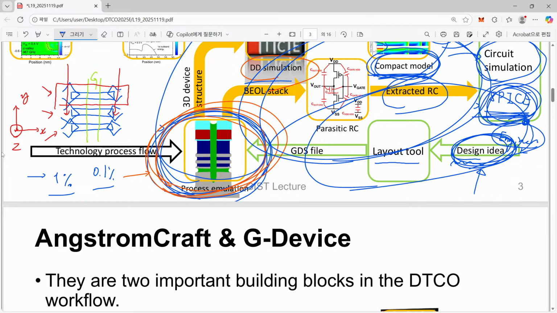In reality, we are in very severe competition with competing companies in technology development. So at every technology node, this 1% difference is a really huge impact, and we really stick to improvement and accuracy.